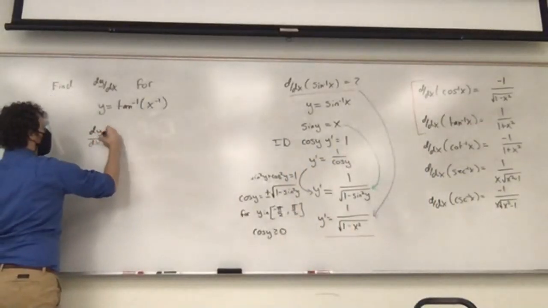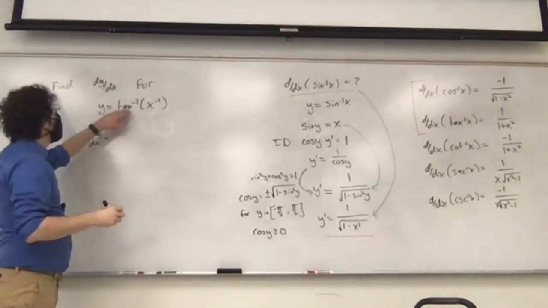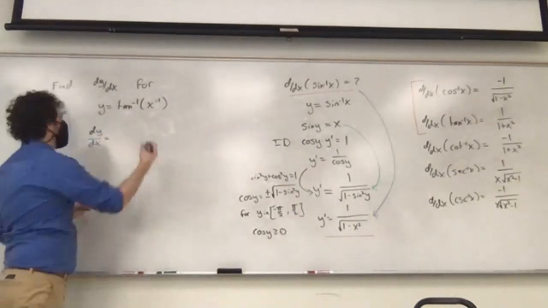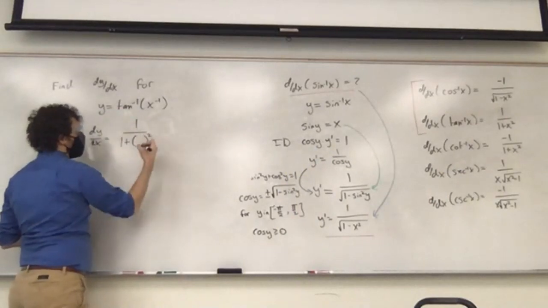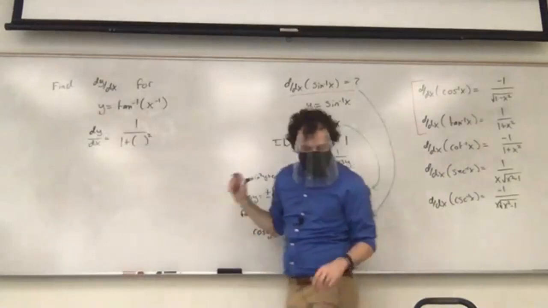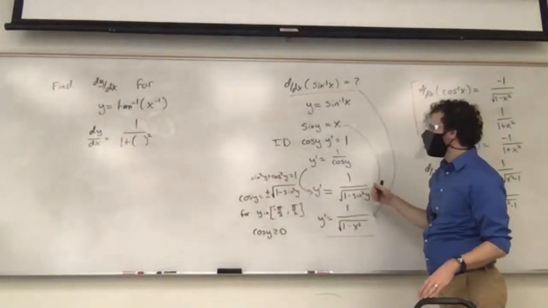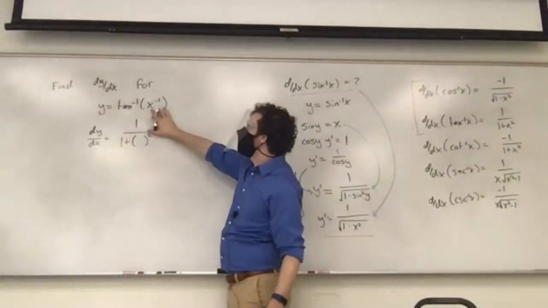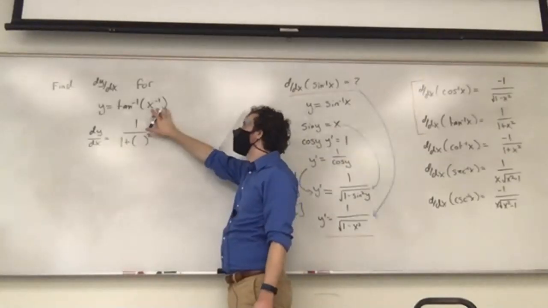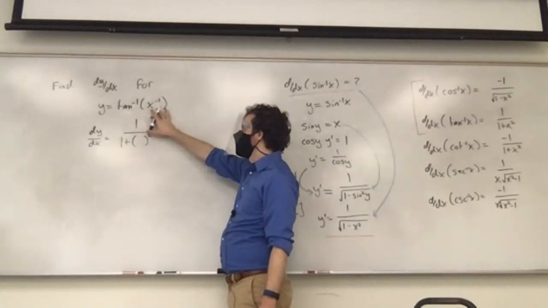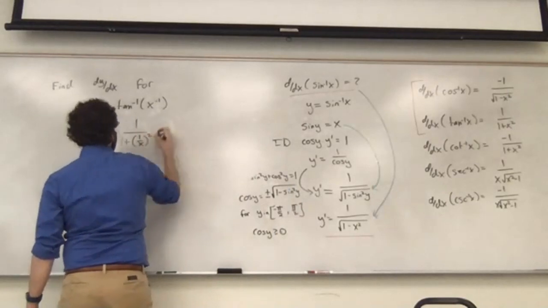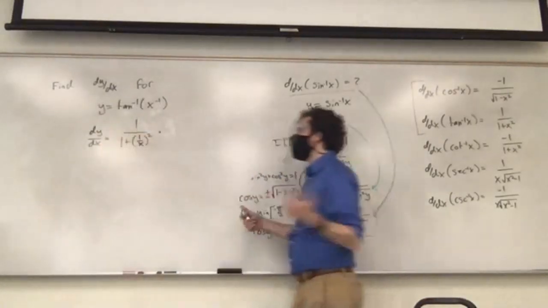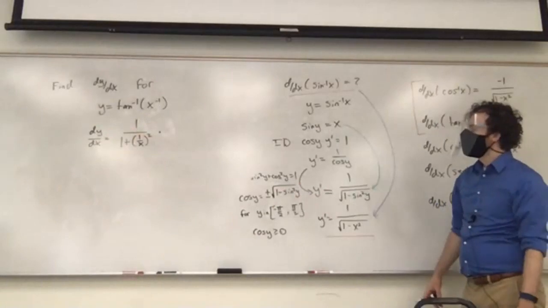So if we find this derivative, inverse tangent, the chain rule says becomes 1 over 1 plus something squared, and that something instead of x is what was inside here. And you can leave that as x to the -1. I'll write it as 1 over x, just because I'm going to do a little simplifying afterwards because it's sort of surprising.